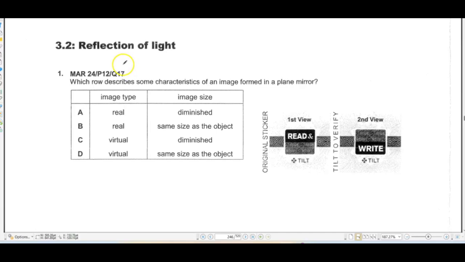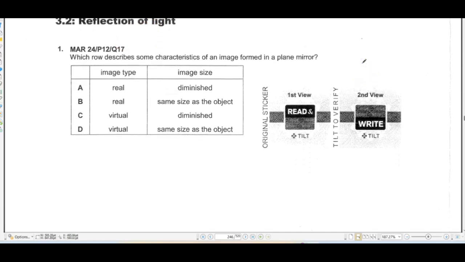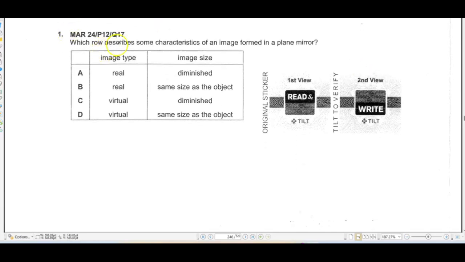Okay, so question number 1. Which row describes some characteristics of an image formed in a plane mirror? Okay, image type and image size. Now we know that a few properties that are related to a plane mirror are that the images are virtual.